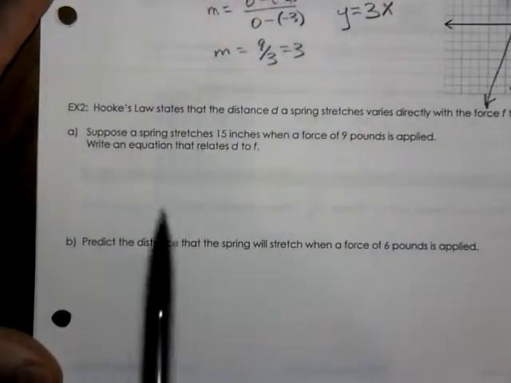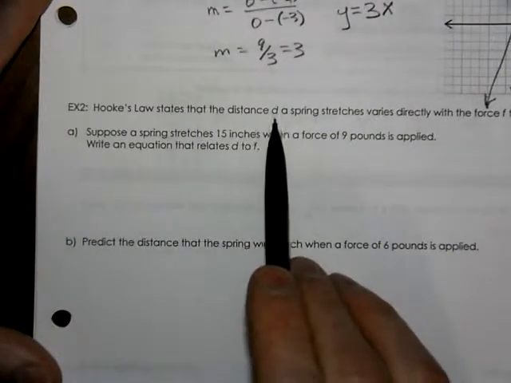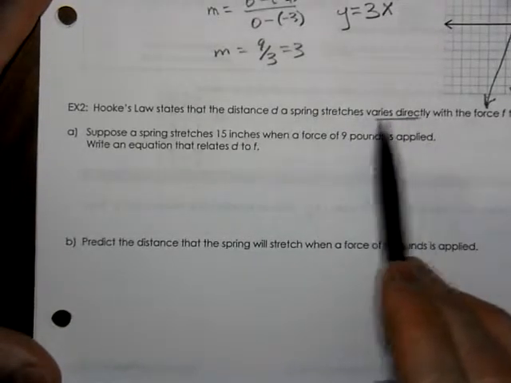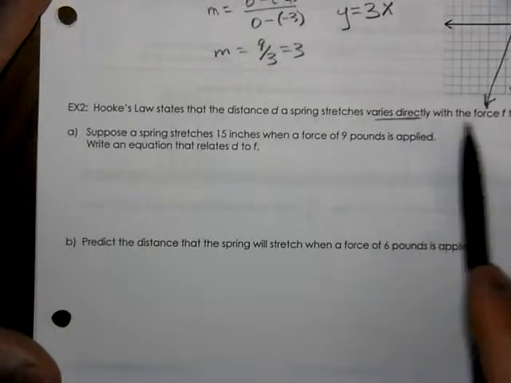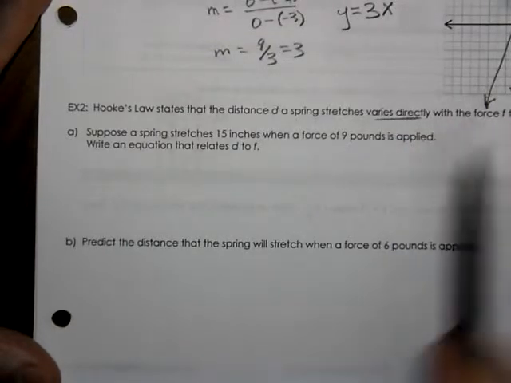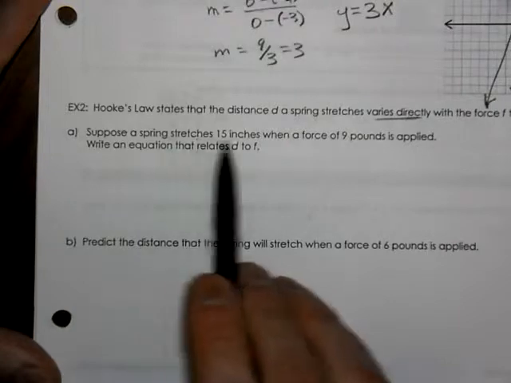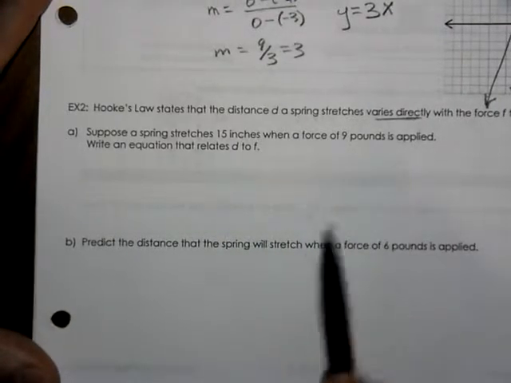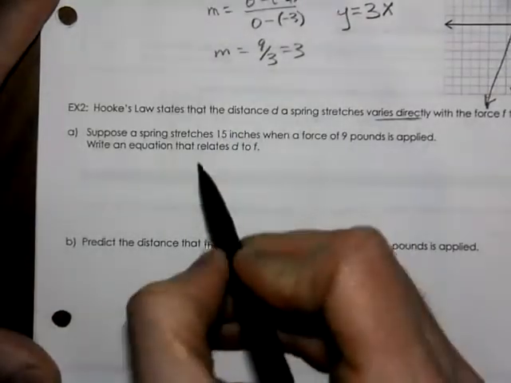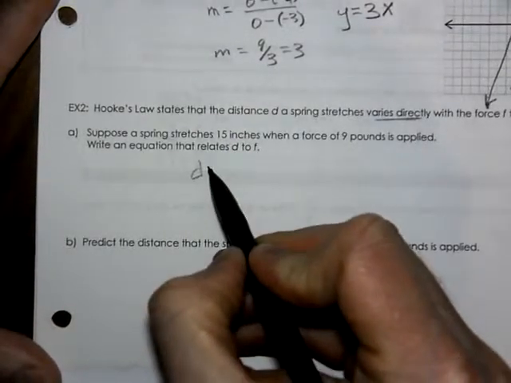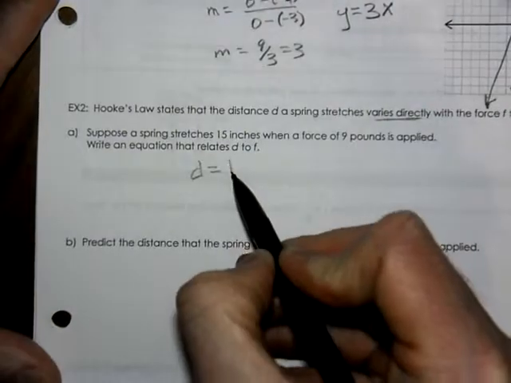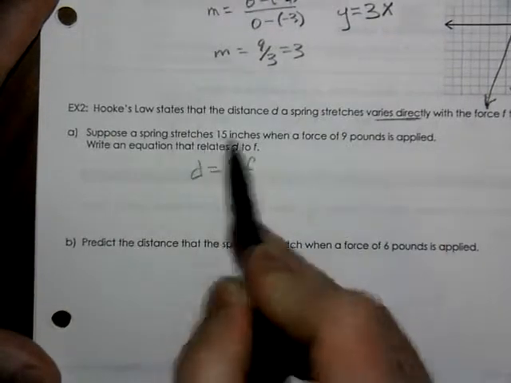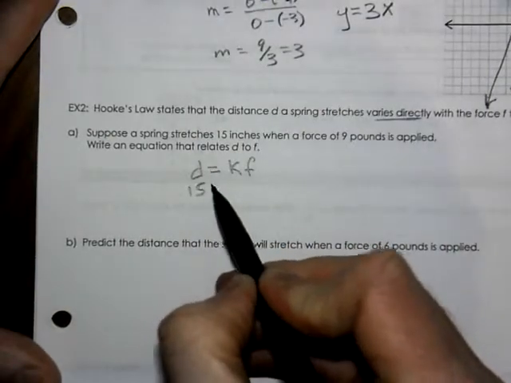We're going to look at Hooke's law, that the distance d a spring stretches varies directly. There's that word we're going to be talking about, with the force F that applies to it. Suppose a spring stretches 15 inches when a force of 9 pounds is applied. Up here they stated that the distance varies directly, d equals k times F. So the distance it stretches is 15.